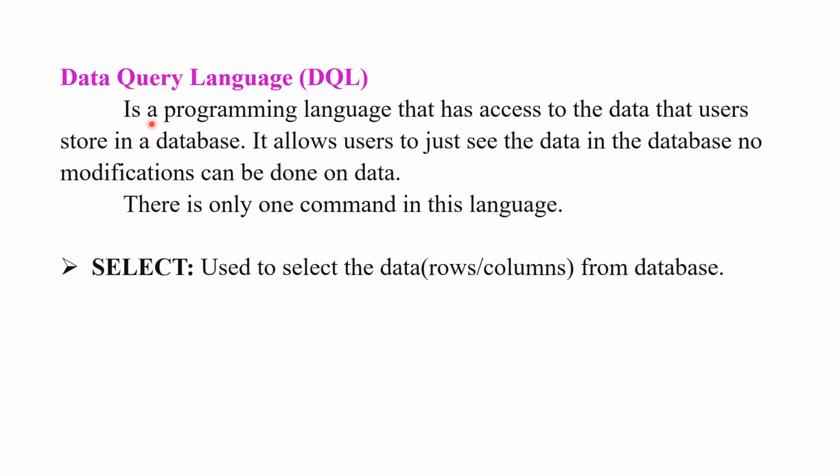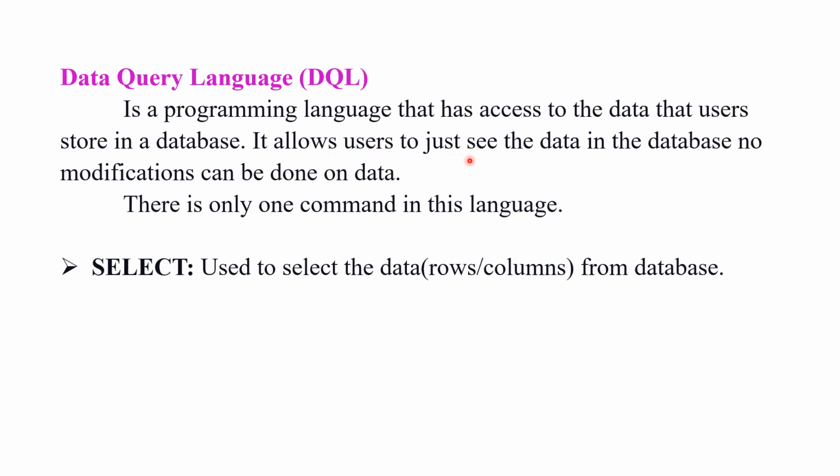Next, finally, the data query language. It is an optional language. Why? Because the select command can be defined as a DML command as well as a DQL command. So the only command in the DQL language is the select command. It is a programming language that has access to the data users store in a database.